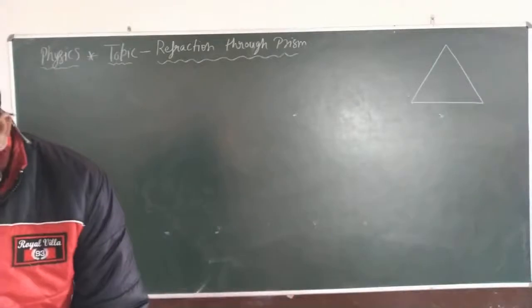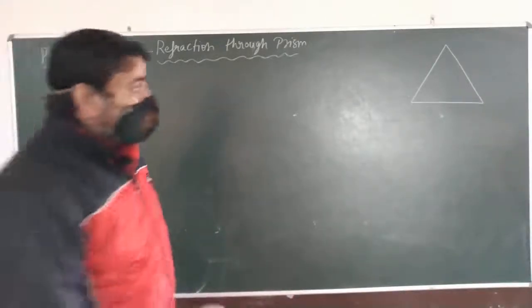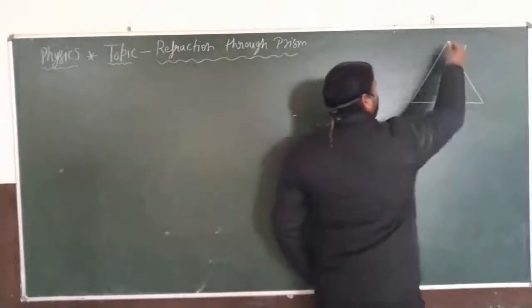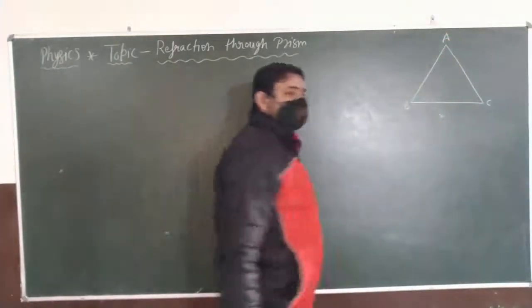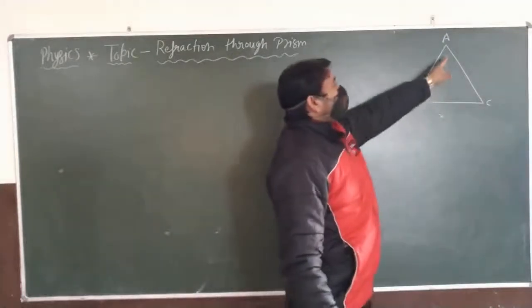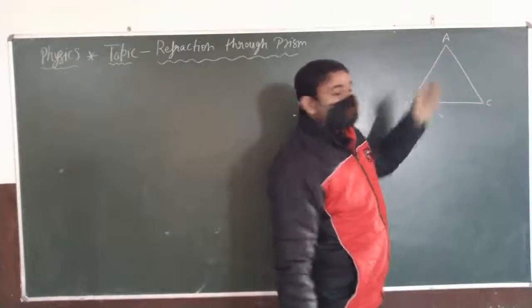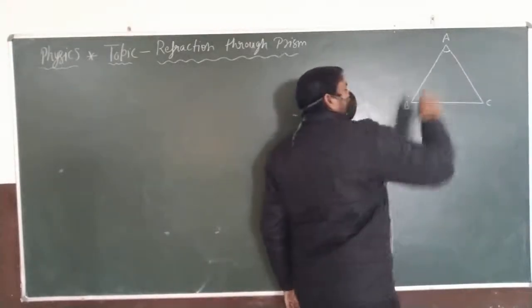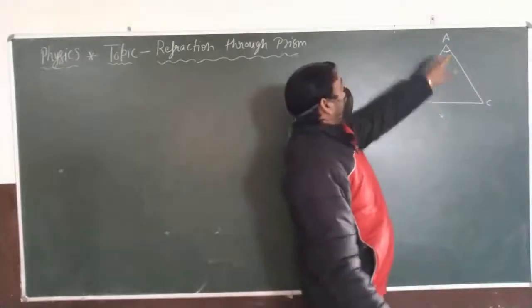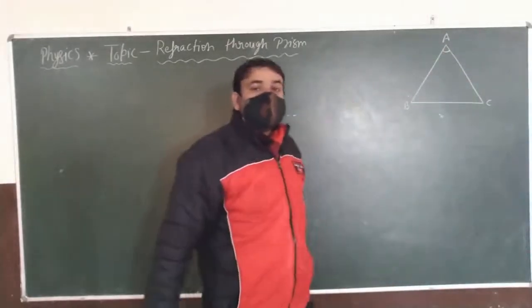Here we have prism ABC. Where the two refracting surfaces meet together is called the angle of prism. So angle A is the angle of prism, and this line of joining is called the apex.